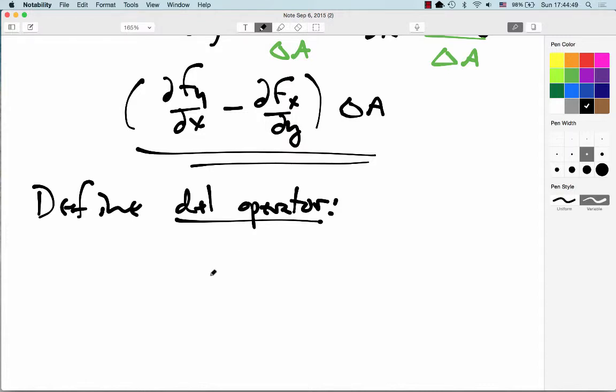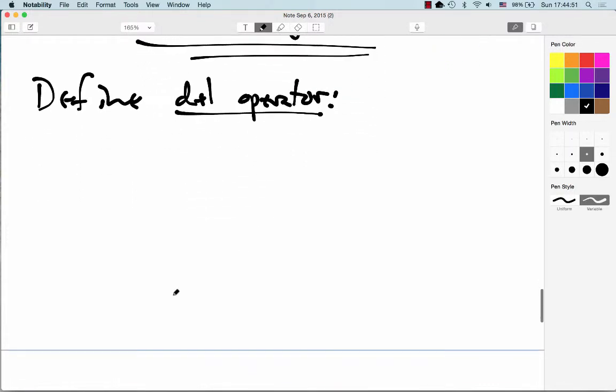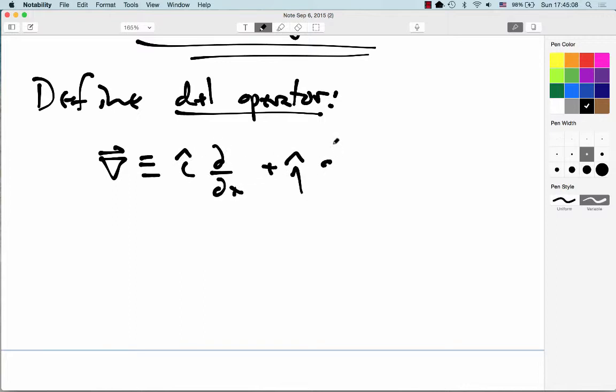Some math professors will call this nabla. Pretty much every physicist I've ever known calls it del, as do most mathematicians. So anyway, del is defined to be i hat partial x plus j hat partial y plus k hat partial z. So now the way to think about an operator here is if I go ahead and say left multiply it, if you will, against something.